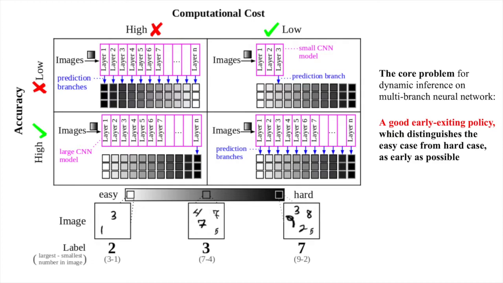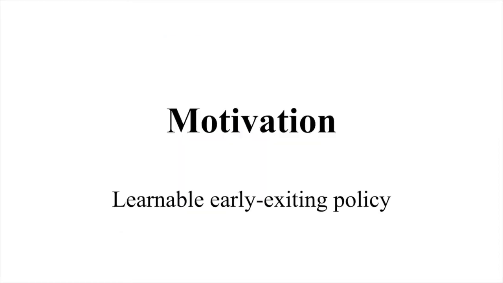So the core problem for dynamic inference on a multi-branch neural network is to find a good early exiting policy which distinguishes the easy cases from the hard cases as early as possible.